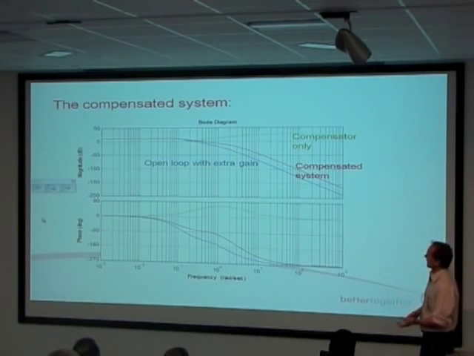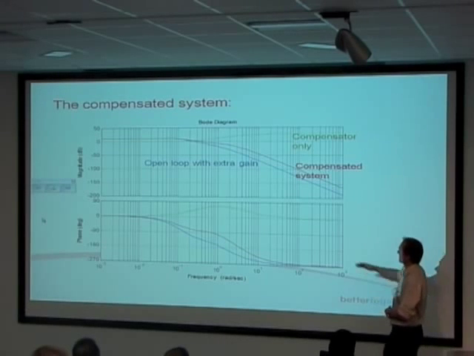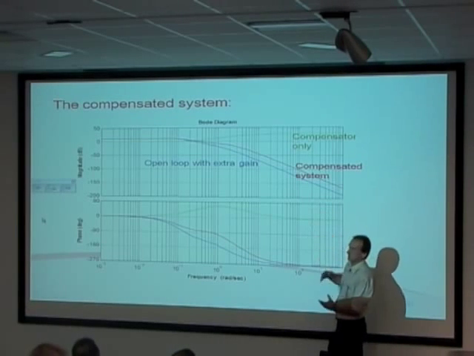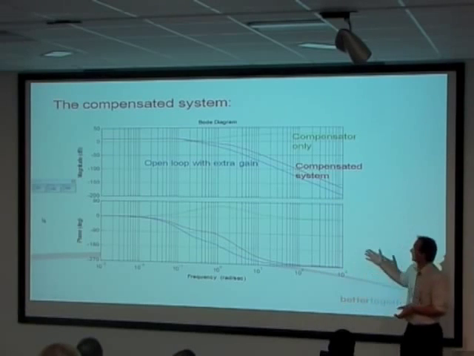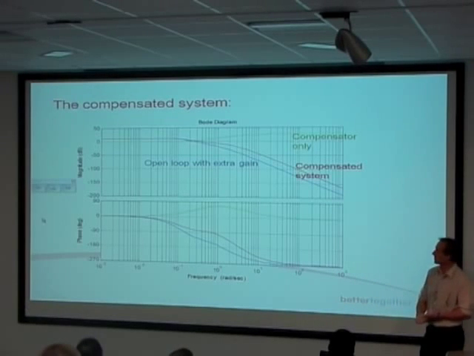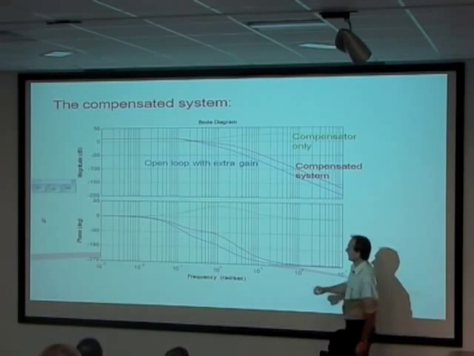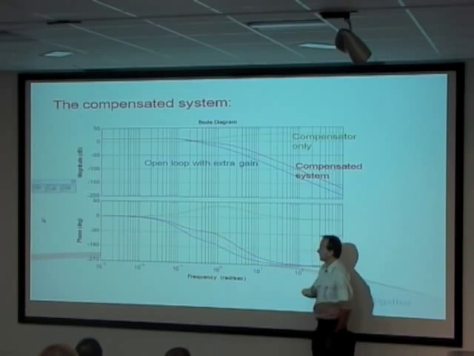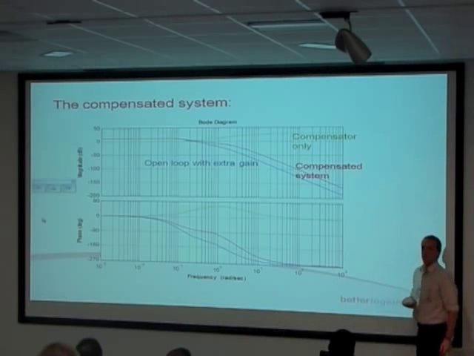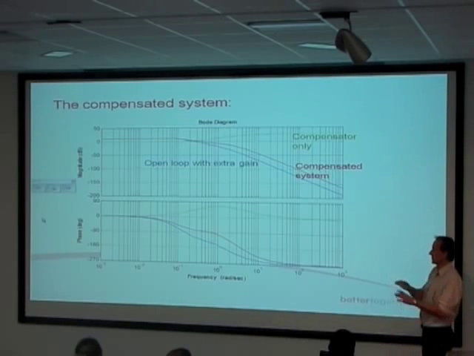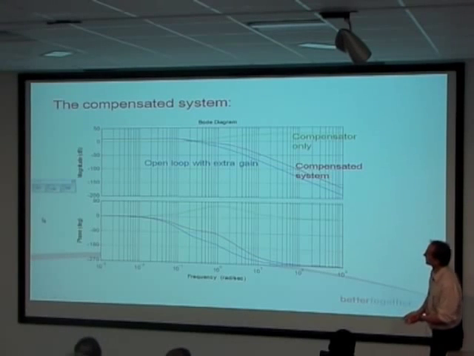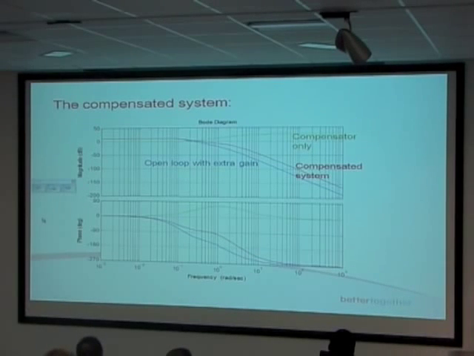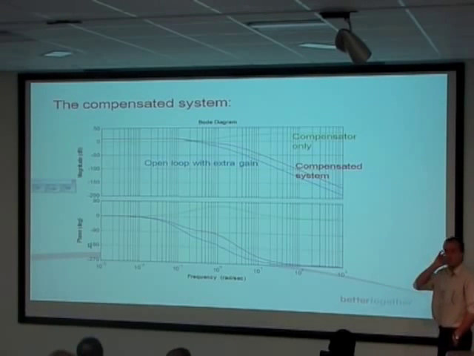You can see fairly easily what's happened: the blue one, the system standalone, the gain's been lifted a bit at high frequencies, but more interestingly, in the phase plot we've put that big bump in, just about where we're concerned about gain and phase margins. Yeah, you okay with that? Just adding this extra bit in.